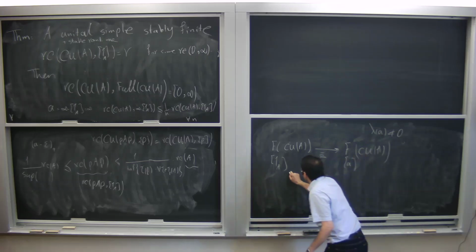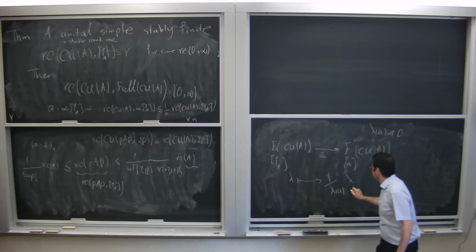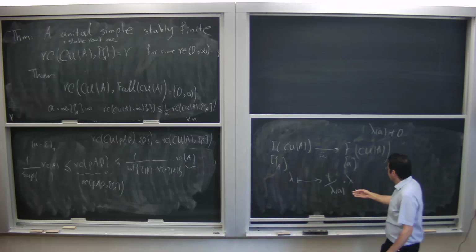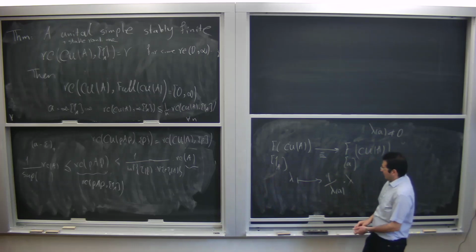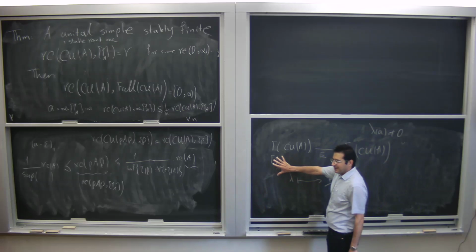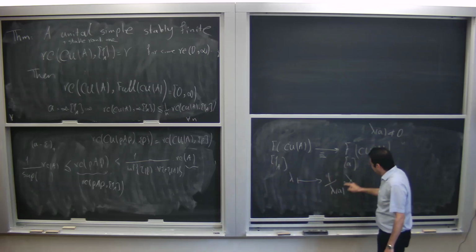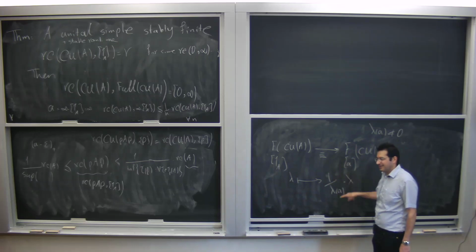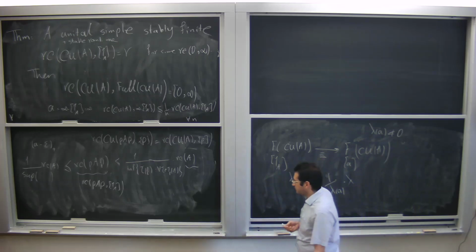Here, lambda maps to 1 over lambda of A, lambda. Now this is normalized. So now it depends whether you consider normalized here, or normalized here. If you consider normalized here, you have this scalar, right? That answers my question.